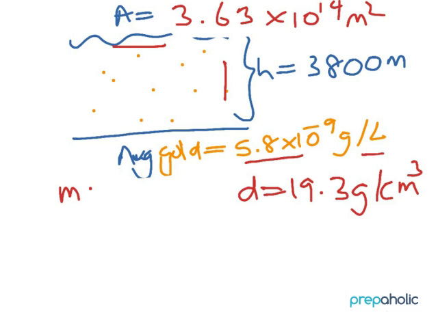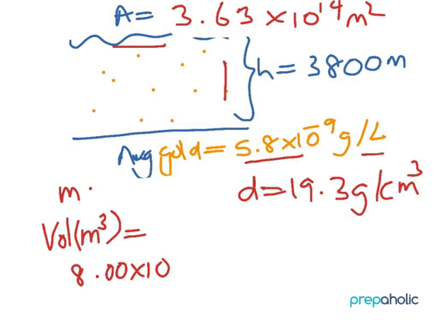So the volume of the gold in cubic meters, we can calculate that by, now as I told you, the mass of the gold, we found it to be equal to 8.0 into 10 to the power 12 grams. And then we know the density of this.